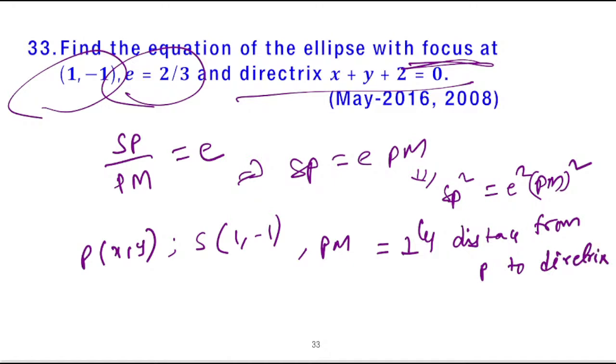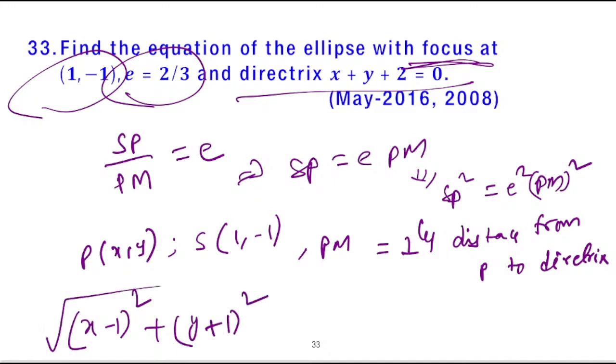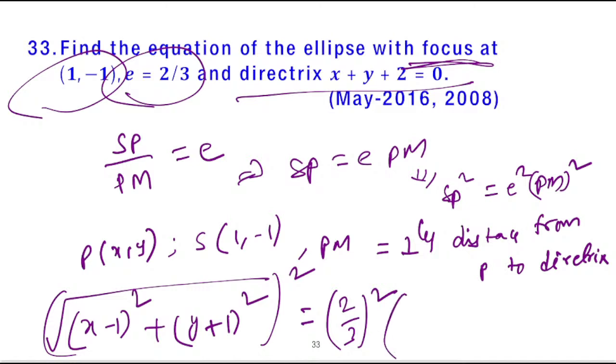That's PM. So you apply everything there. Using the distance formula between two points, SP square is x minus 1 whole square and so on, and e is 2 by 3, so e square into PM square.